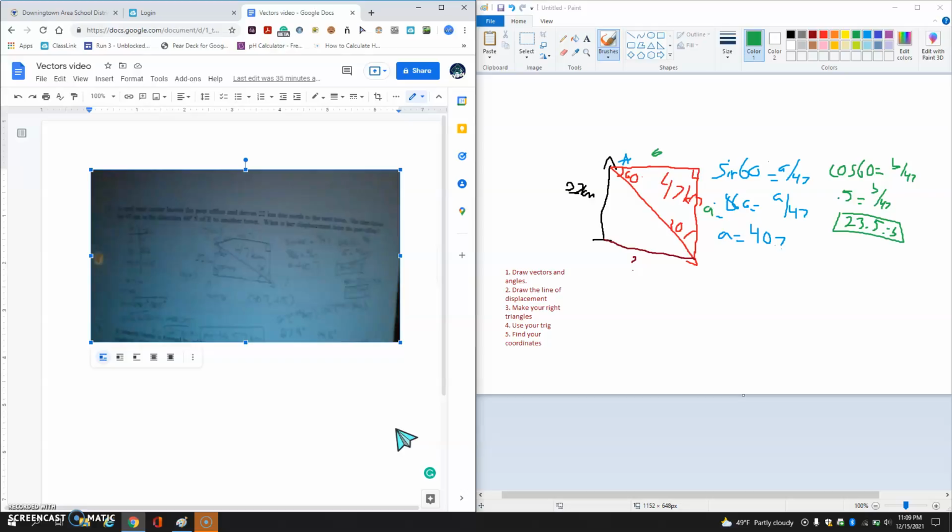Here's what you have to do. For step 5, you have to find the coordinates of the triangle on the coordinate plane.